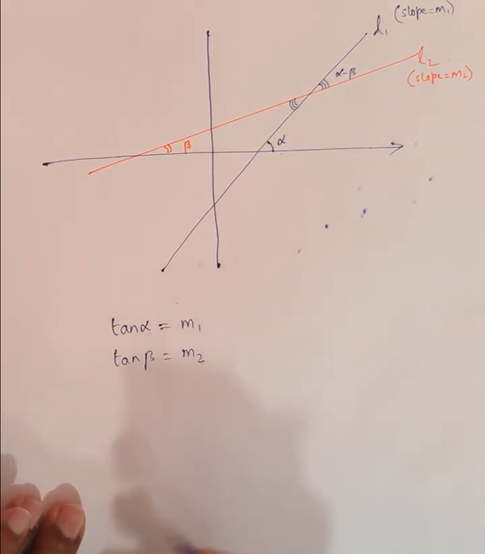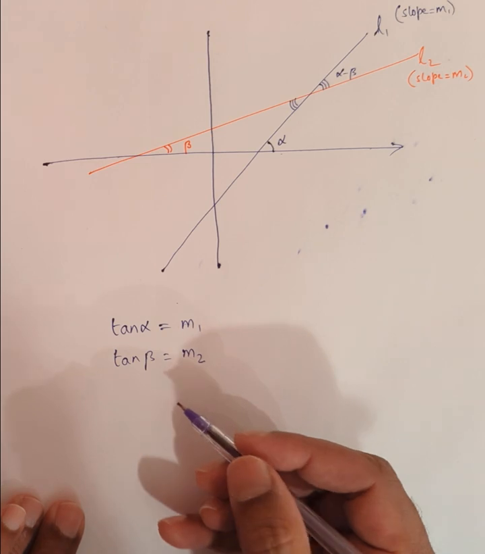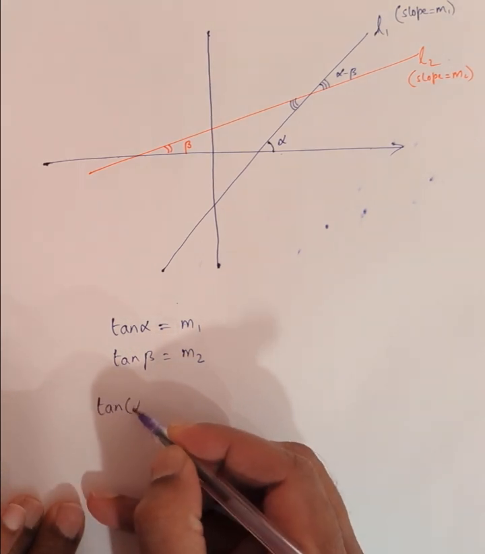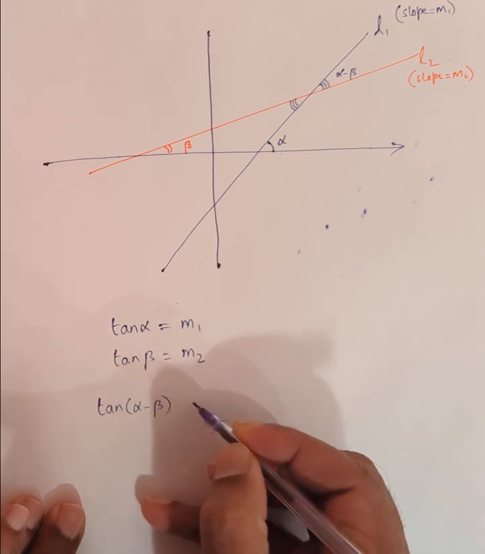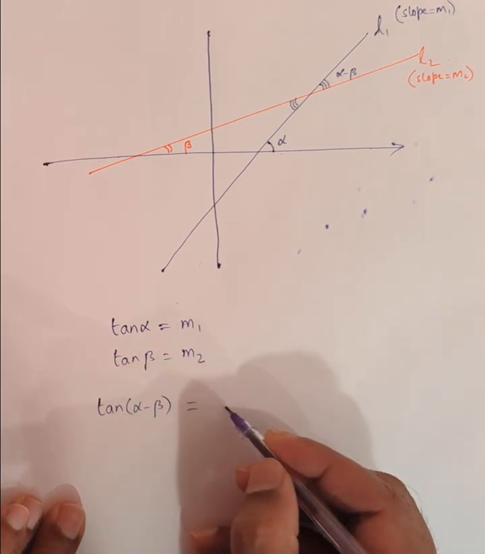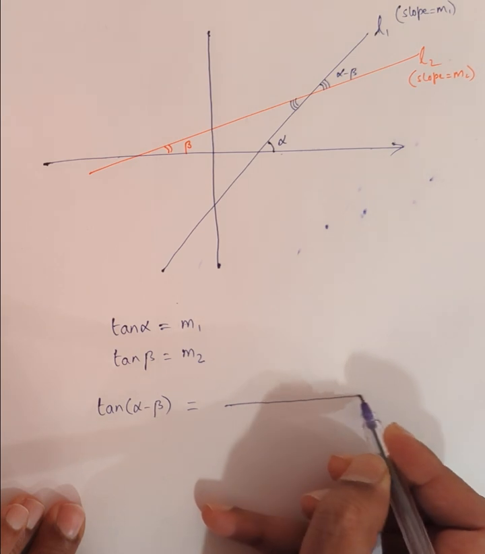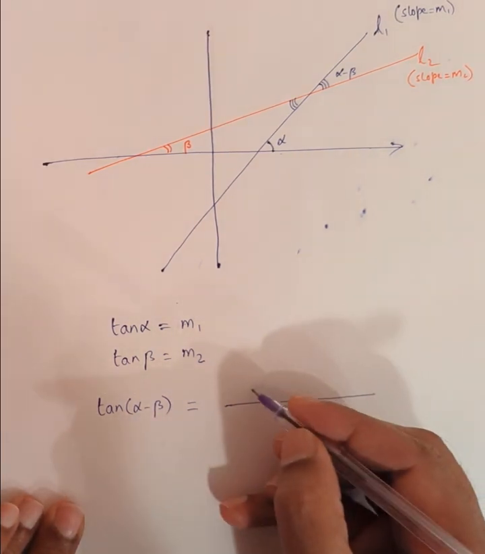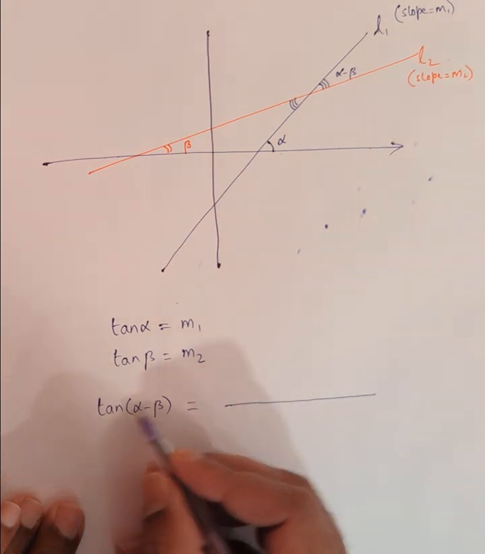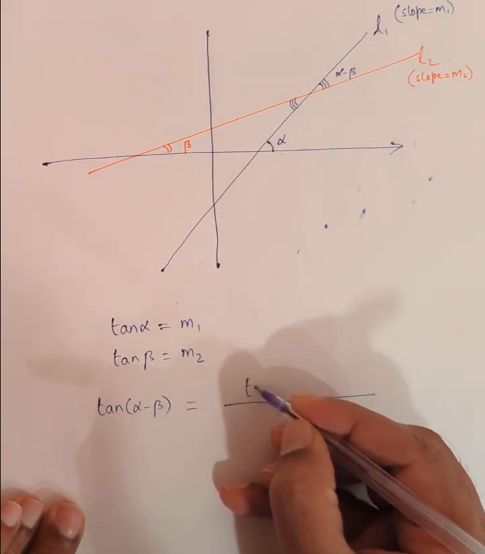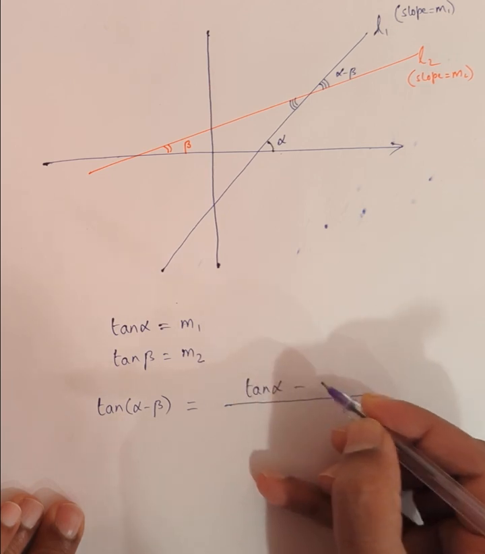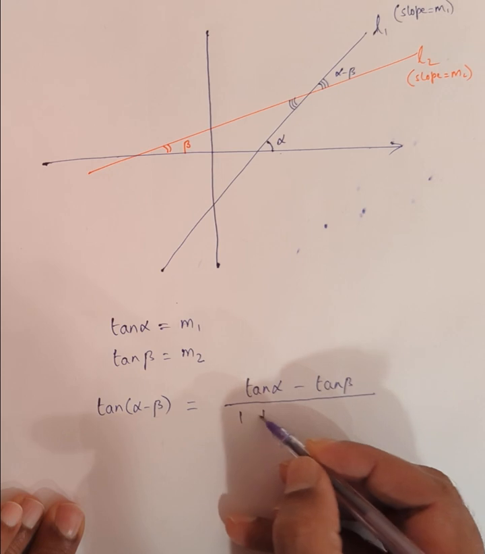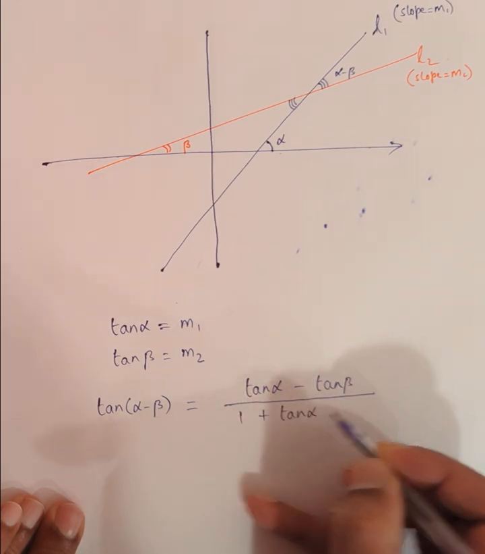Now if I want to know alpha minus beta, let's go ahead and find tan of alpha minus beta. From the difference formulas, you probably know tan of alpha minus beta is going to be a fraction where the numerator looks as though you're distributing tan. So your numerator is going to be tan alpha minus tan beta, and your denominator is 1 plus tan alpha tan beta.